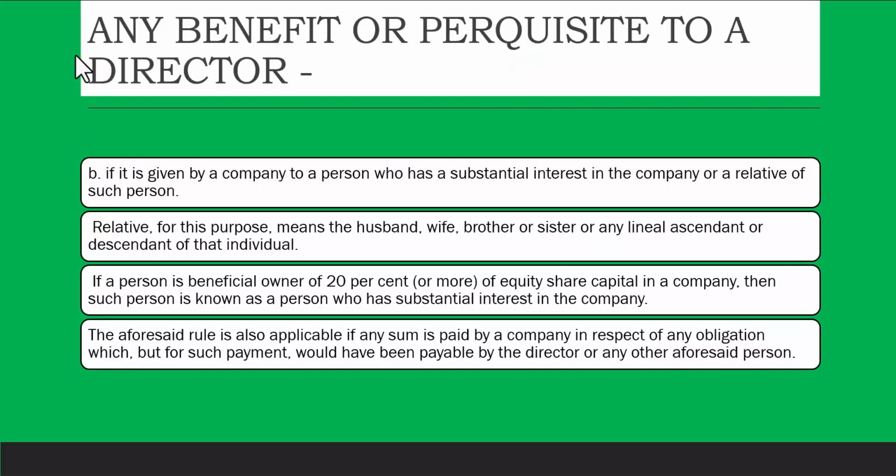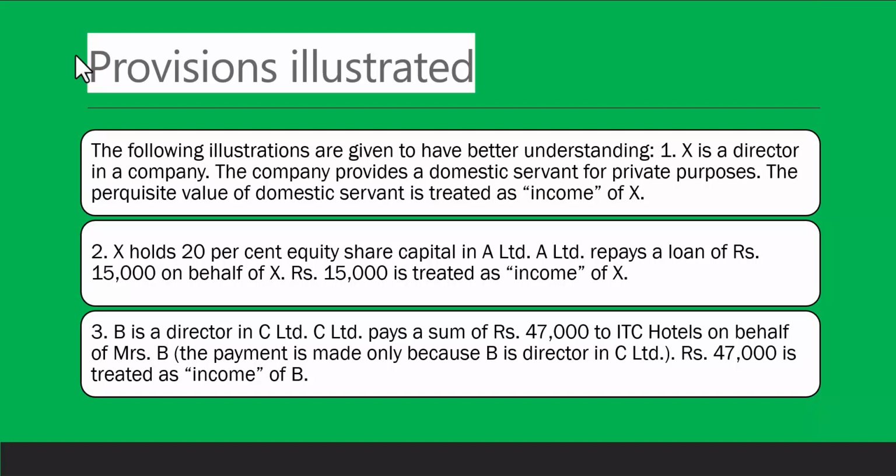If you look here, if a person is beneficial owner of 20% or more of the equity share capital of a company, then such person is known as a person who has a substantial interest in the company. So if you are holding 20% of a company and the company pays something on your behalf, which you are supposed to pay, then it becomes income in your hands. Is that clear?